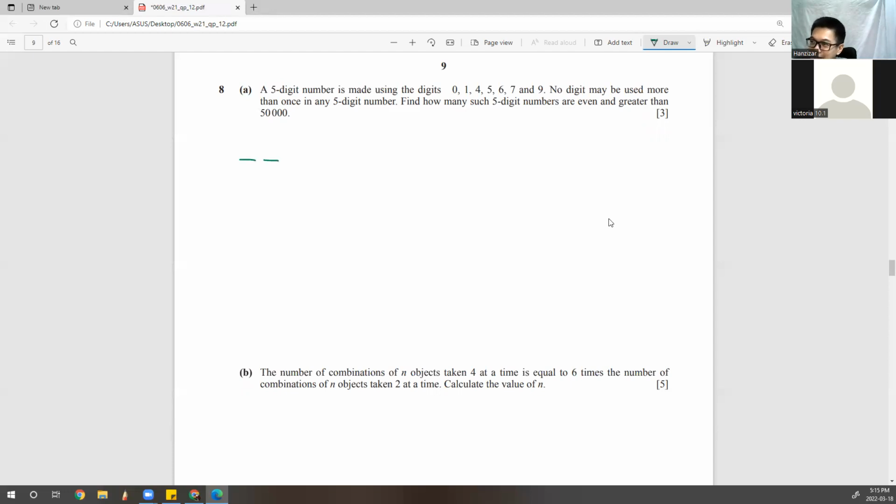So make the place for a 5-digit number. If it is 50,000 and even, you have to do 2 conditions. First thing first, this might be 5, 6, 7, and 9, right? Because it is more than 50,000.